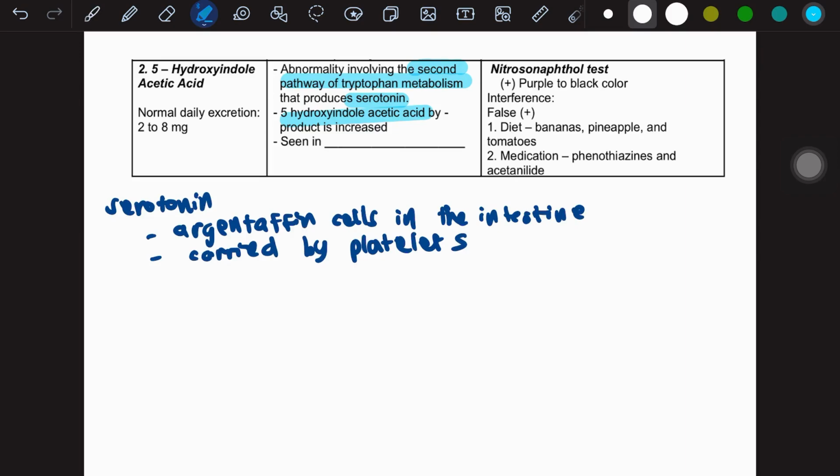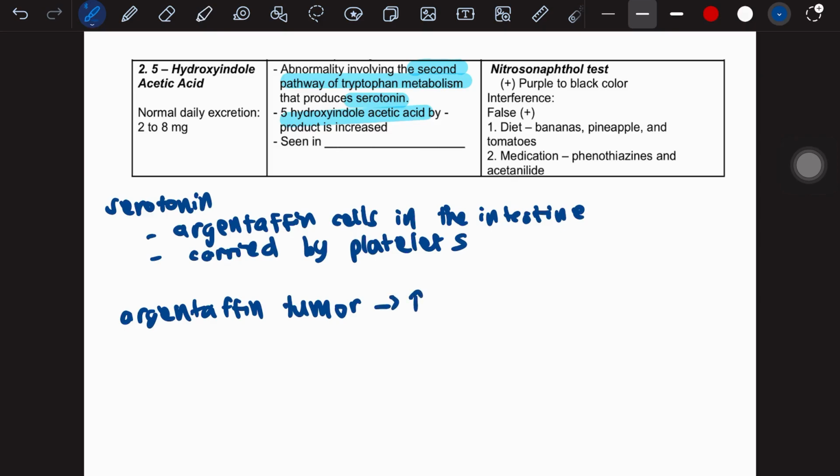However, if the patient has argentaffin tumors, what happens? There will be an excess amount of serotonin produced. So of course, our 5-hydroxyindole acetic acid in the urine will also be high.